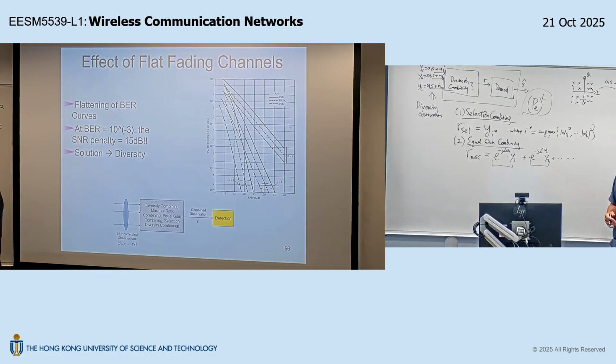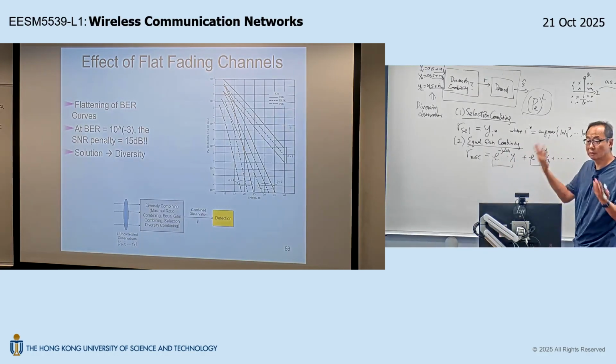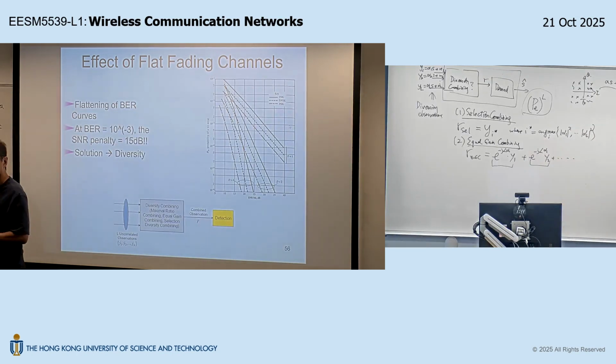That would be the appropriate thing to do because in this case, these derotated terms share the common basis. Okay? So with equal gain combining, you try to make use of all the observations. You didn't throw them away, right? So that's an improvement on top of this.